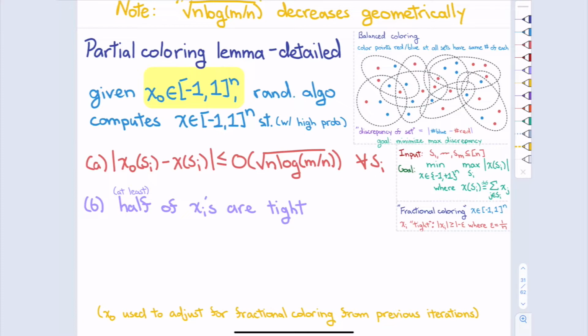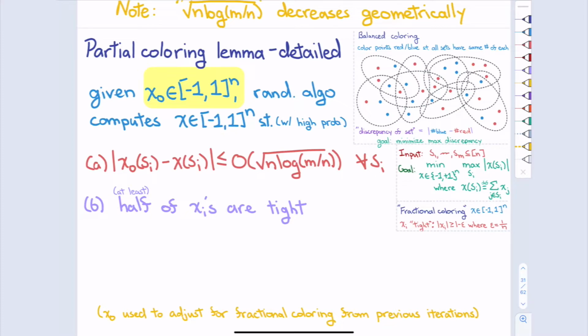So in one round of partial coloring, I figure out half of the vertices, and the other half have some fractional values in the middle, between -1 and 1. And I can't totally throw them away because they were participating in the discrepancy bounds from the previous iteration. So to carry over these values, that's why we now have this extra x0 starting point, and we want to subtract that out. That's the main difference at a high level.